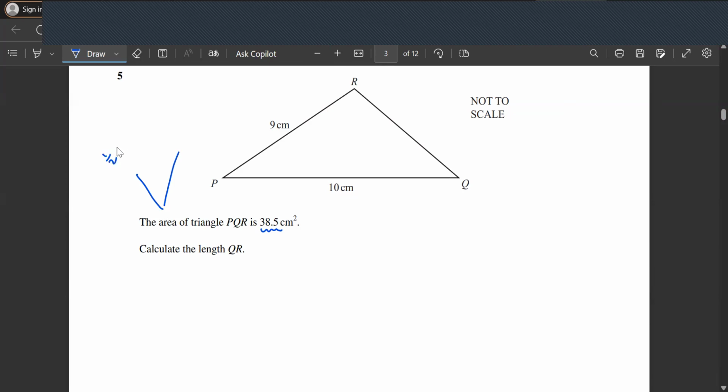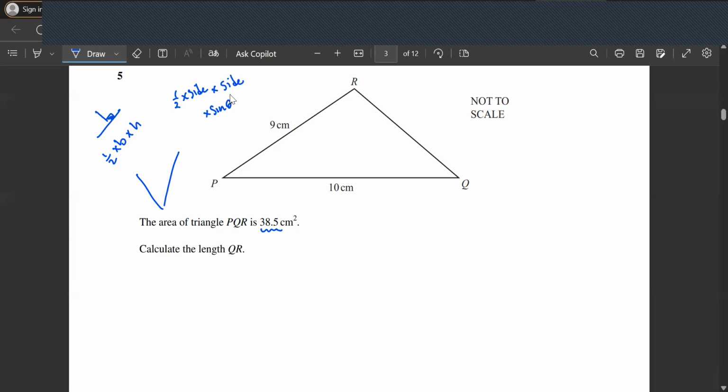I will use half multiply by base multiply by height, but only if I have base and perpendicular height. And the other rule of the area is half multiply by side, multiply by side, multiply by sine the angle in between. So this triangle, I don't have what? I don't have a perpendicular in it.